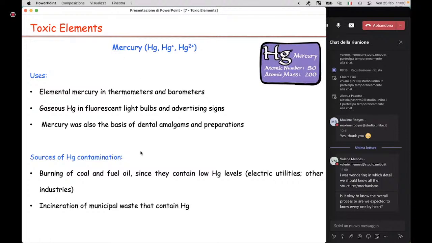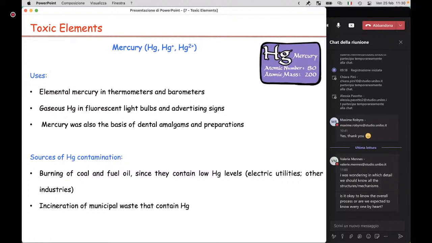Why is mercury present in the environment? Through manufacturing. Elemental mercury could be found in the past in thermometers and barometers. Now in thermometers it has been banned, and it's only present in very specialized kinds of thermometers that are not very important.